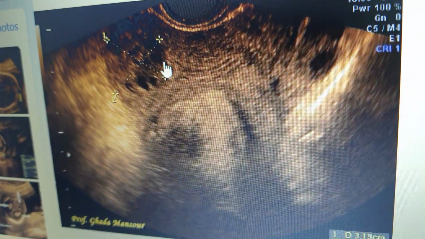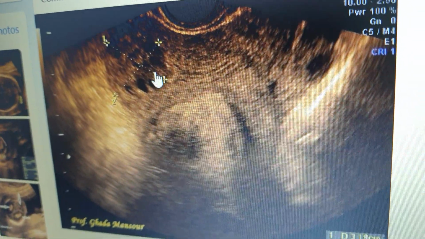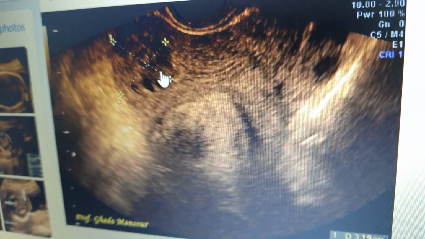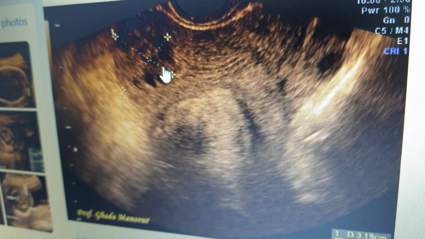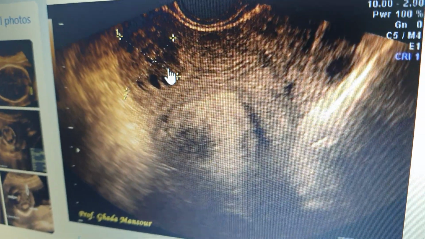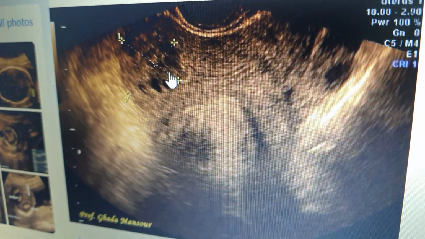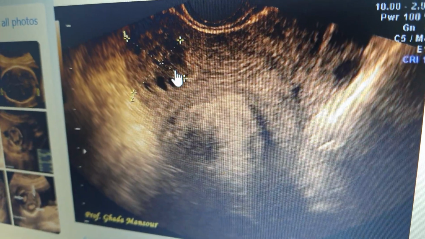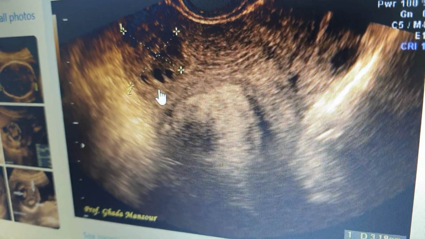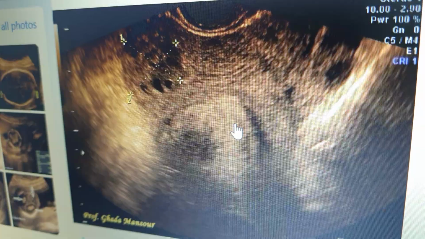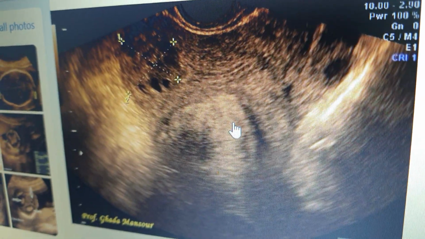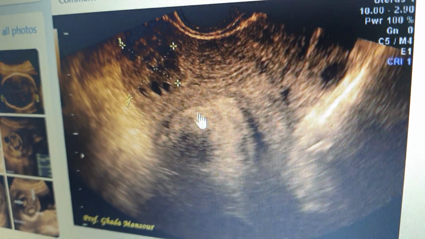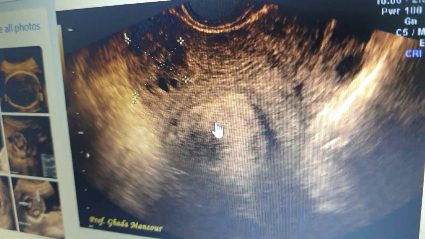You can find a cyst inside the myometrium, and it's very confusing for many that the cystic degeneration of the fibroid reached a picture of a cyst inside the myometrium. And so that was a cystic degeneration of the myoma. The picture of focal adenomyosis is completely different from this picture. So this is a multiple fibroid uterus, and as you can see, the different pictures of these myomas.